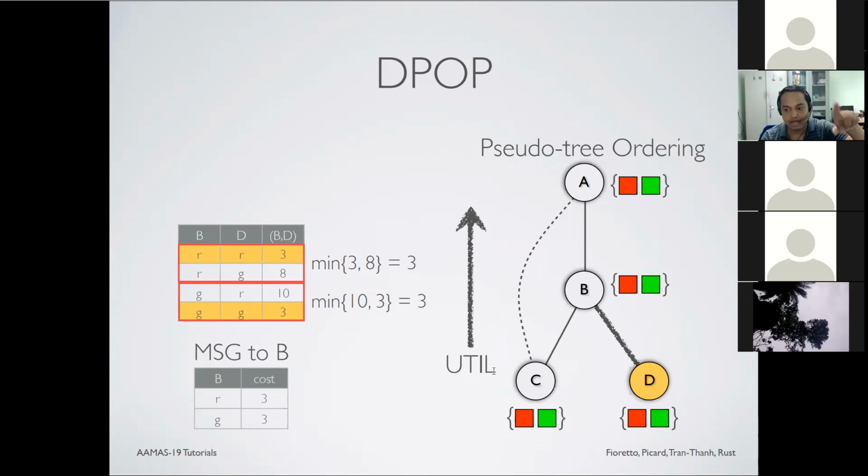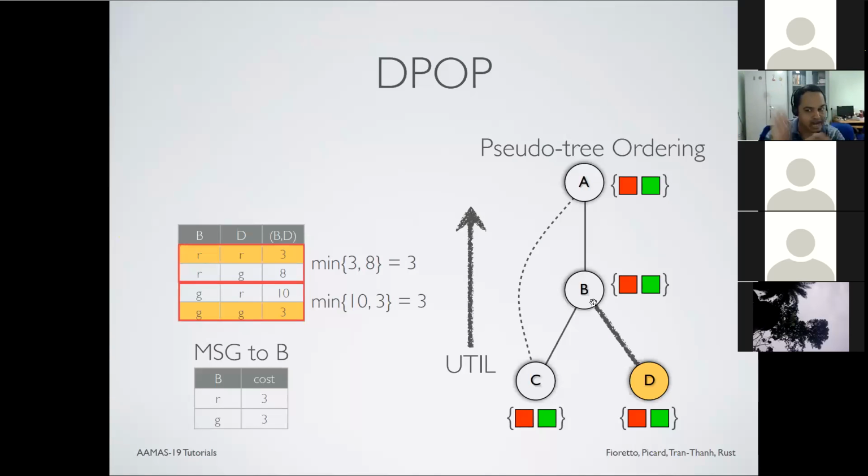Now I should tell, listen. I told you the values move from top to bottom and the utilities move from bottom to top. So here the utilities are 3, the minimum. This particular message will be moving from D to B because this particular information is being calculated at end D. So D chooses the minimum and D tells B that you can choose red or green, I don't bother.